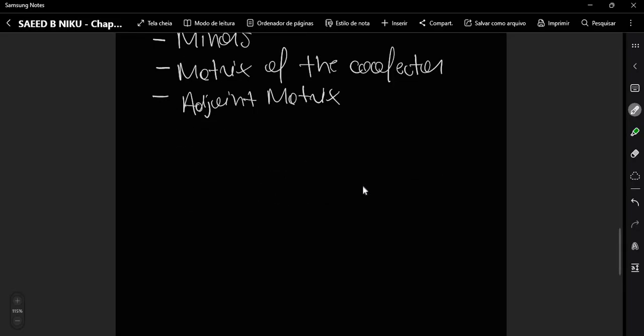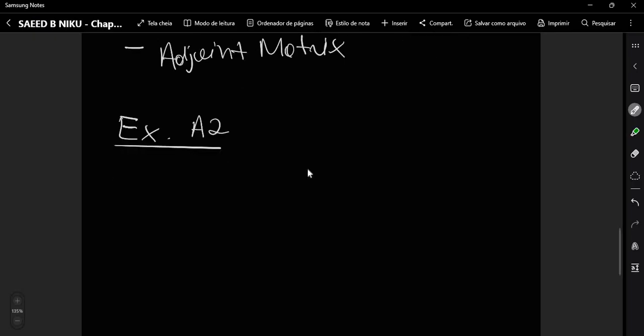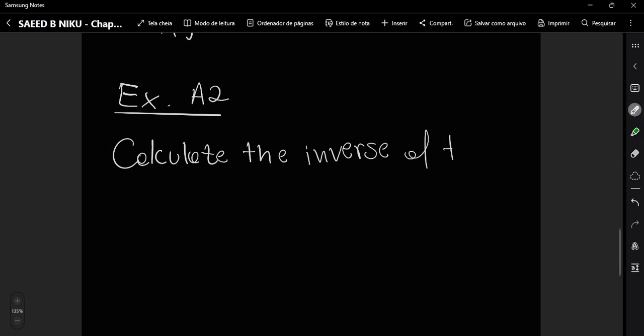And there is no better way to learn something than solving the example. So example A.2 that the book brings to us asks us to calculate the inverse of the following matrix.